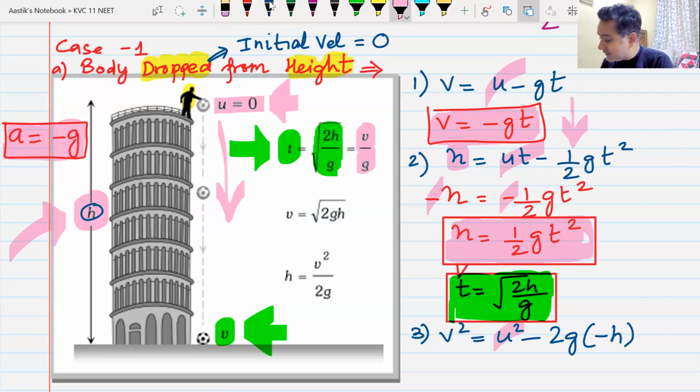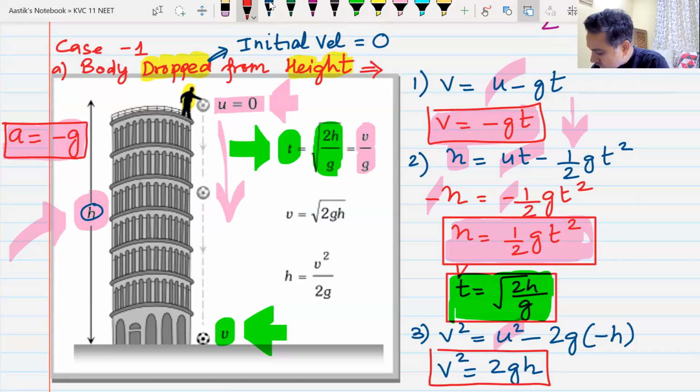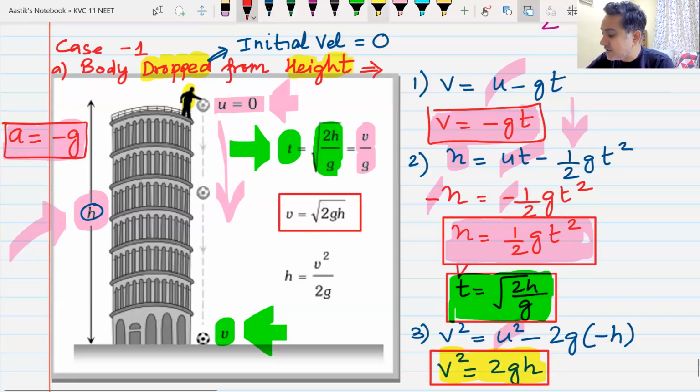u square is cancelled. Minus minus cancelled. So I get this equation: v square is equal to 2gh. Do we understand this? v square is equal to 2gh. This is the equation in yellow. If I take the root of this, I will get this equation in yellow.